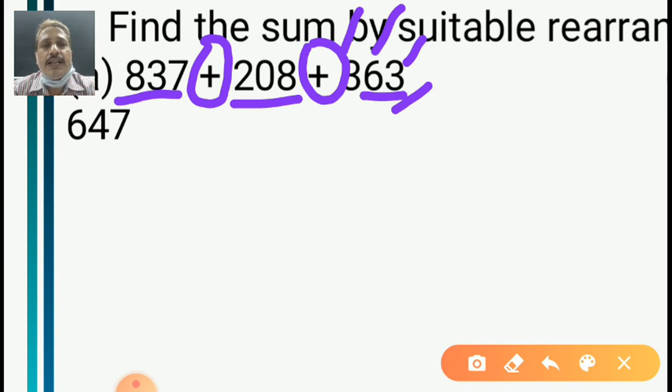Here is the 3, here is the 8 and here is the 7. Do you find anything? If you add 2 numbers very easily, it will make a 10. Yes, your imagination is right. 7 plus 3 makes 10.